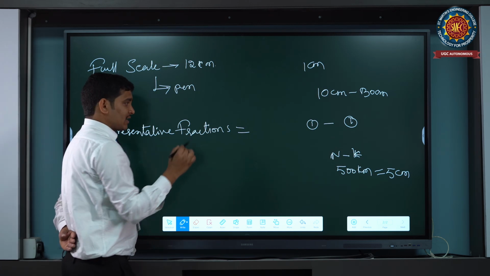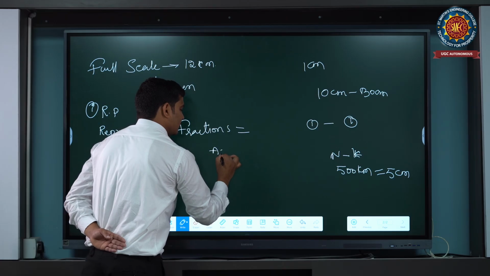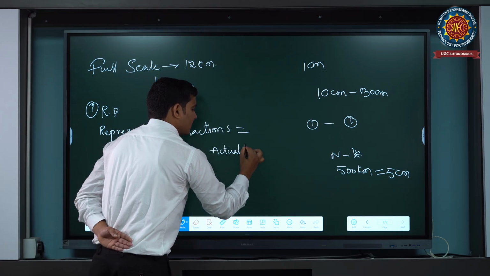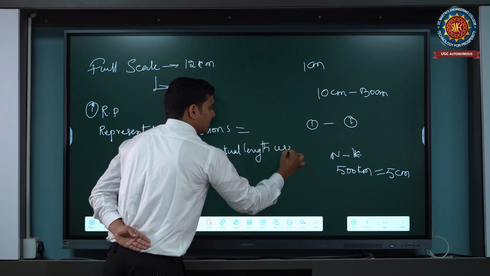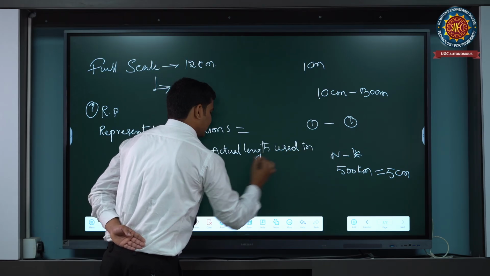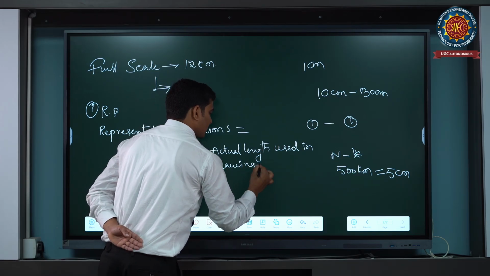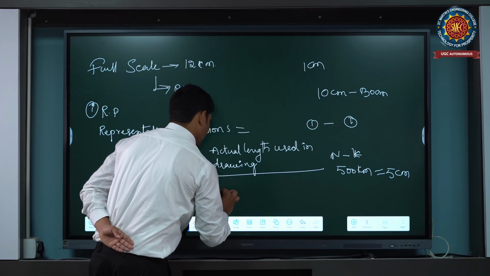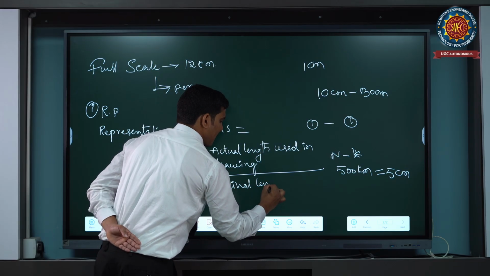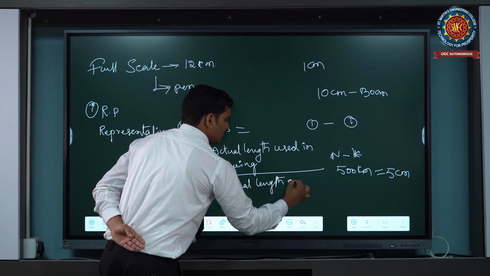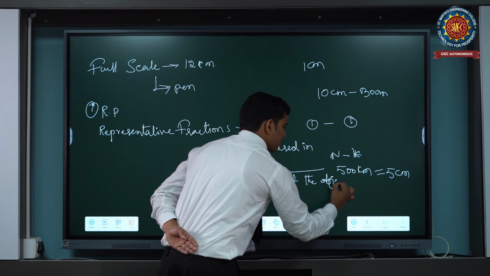The representative fraction formula is actual length used in drawing divided by original length of the object.